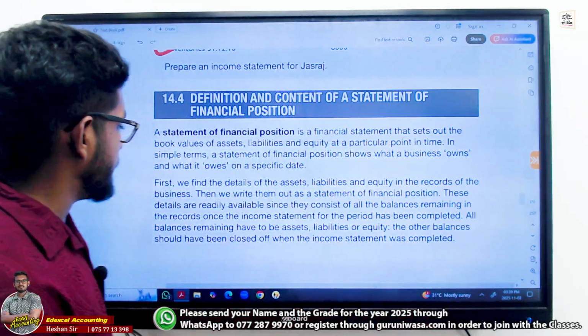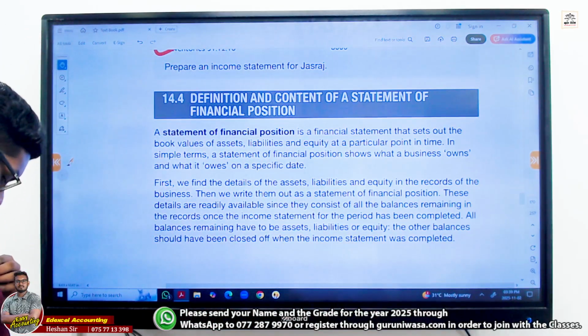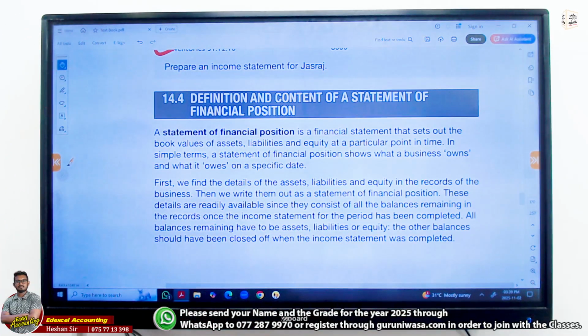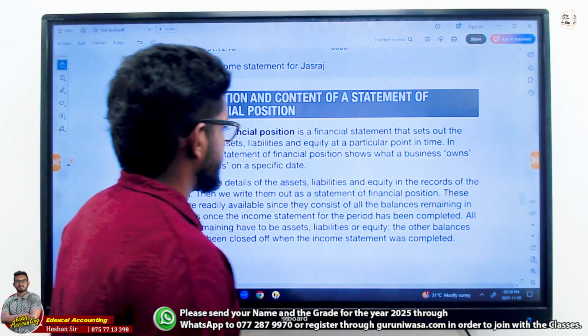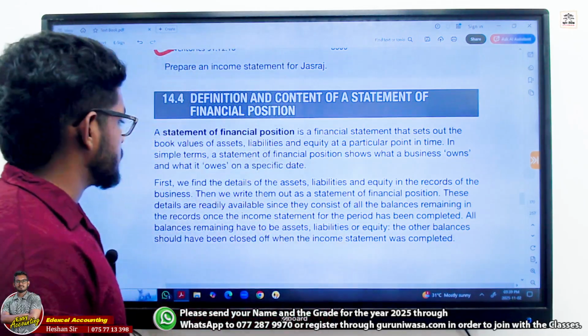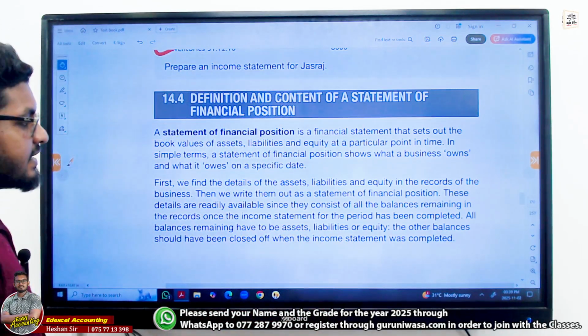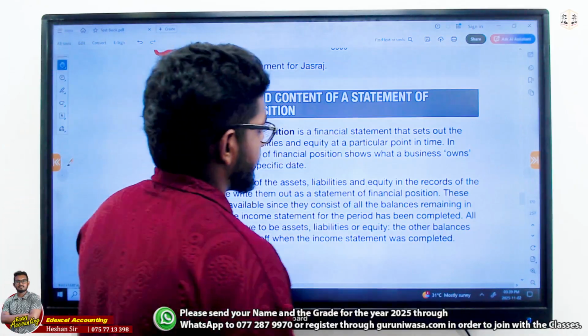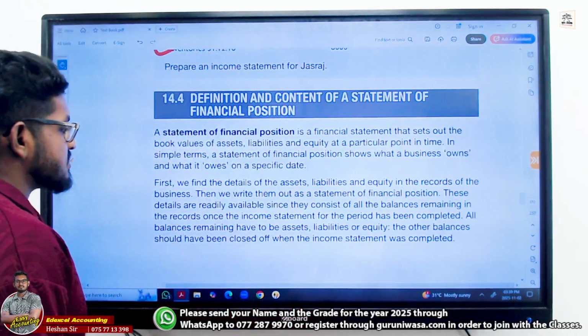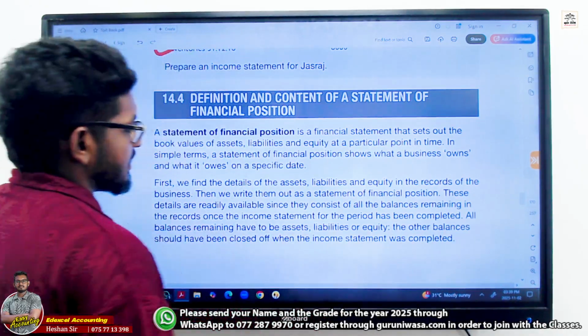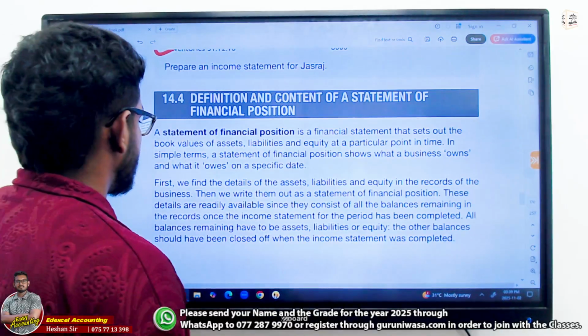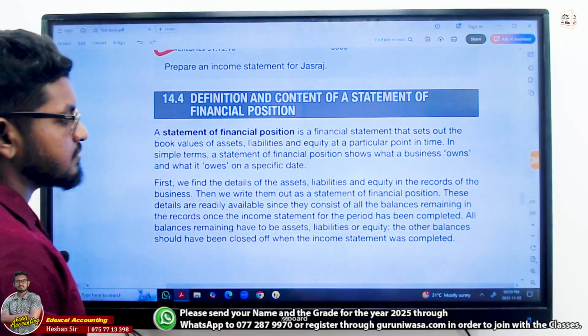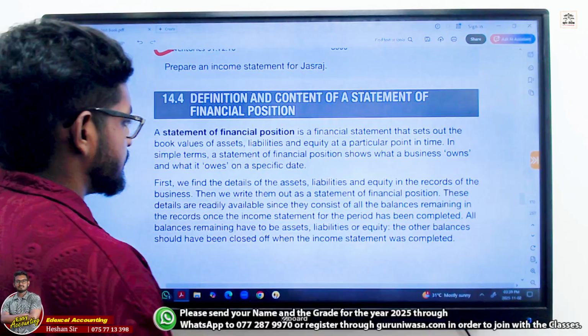Now let's read. First, we find the details of the assets, liability, and equity in the records of the business. Then we write them out as a statement of financial position. These details are readily available since they consist of all the balances remaining in the records once the income statement for the period has been completed.